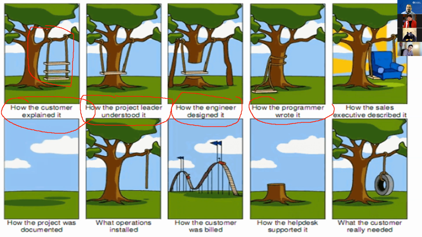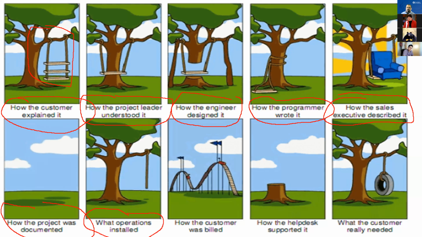And here is how you implement it. Next, you have how the sales executive describes the system, the guys that sell the system. It's a bad situation. How the project was documented. And what the operation installed.